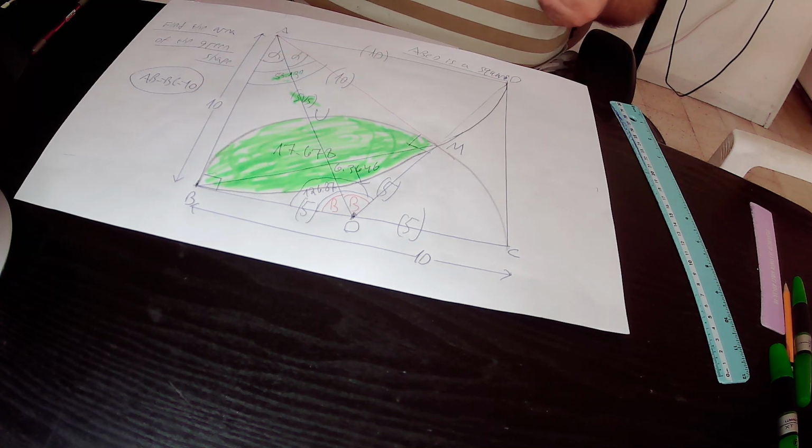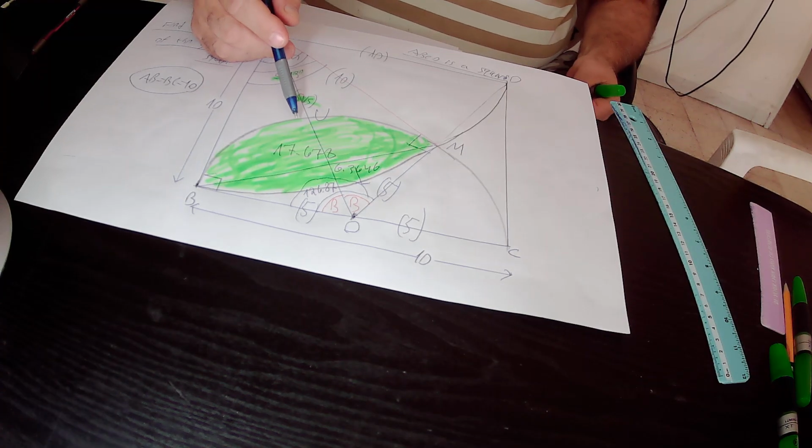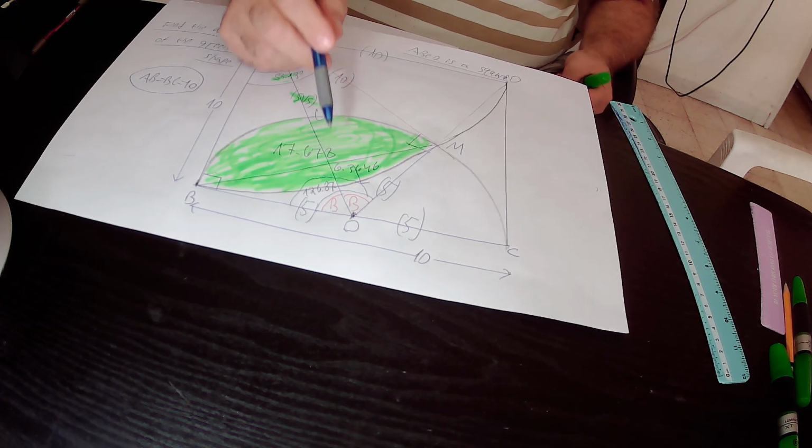And therefore, the area in total of the green shape will be equal to the area of the upper segment BUM, that is 17.678, minus the area of the lower segment BLM, that is equal to 6.3646 square inches in size.